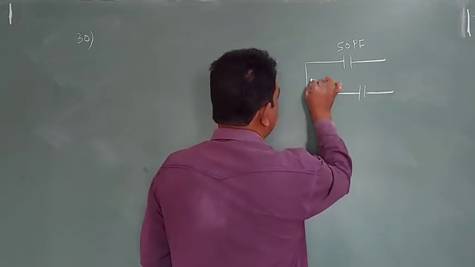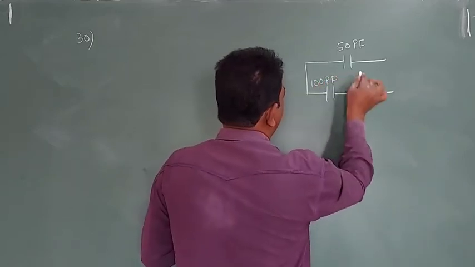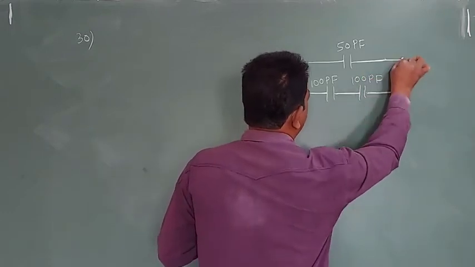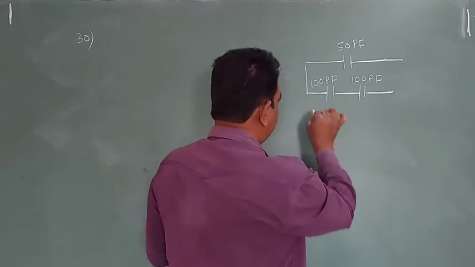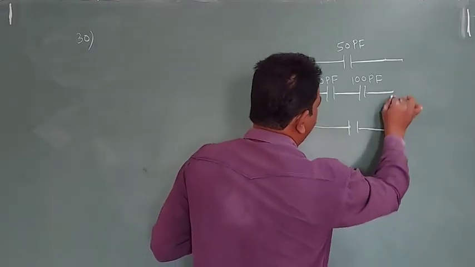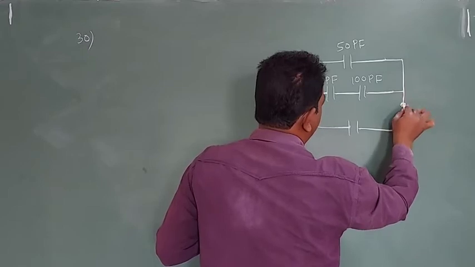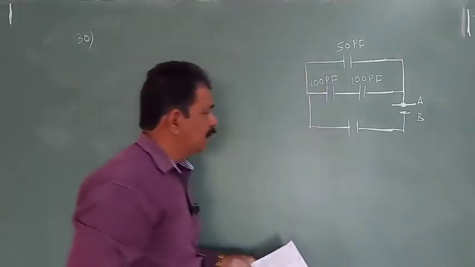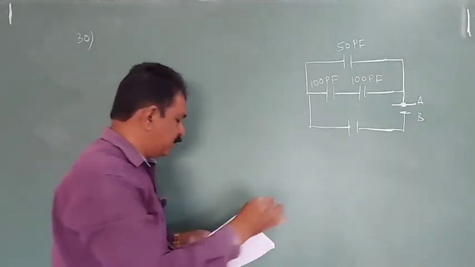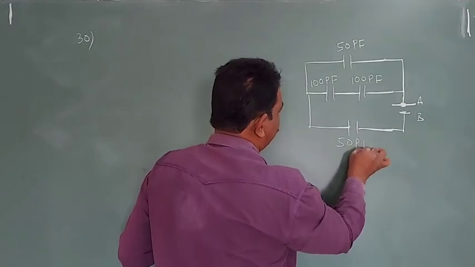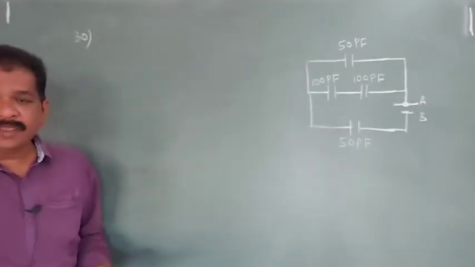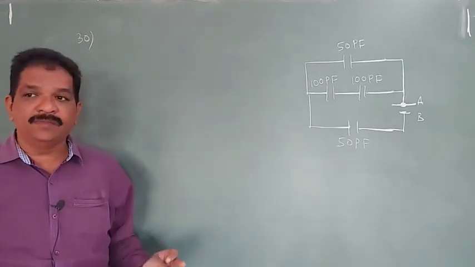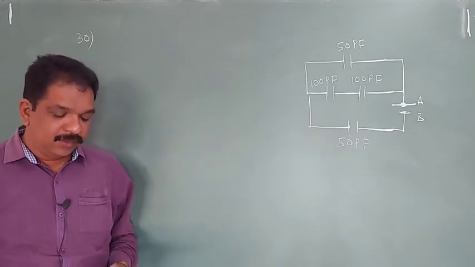Here this is 100 picofarad, 100 picofarad, and here 50 picofarad, like this, A, B. They gave this value as 50 picofarad. What is the effective capacity between A and B? That is the question. Okay, we'll do.